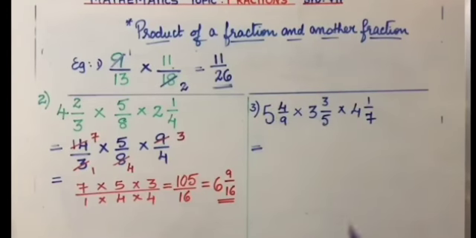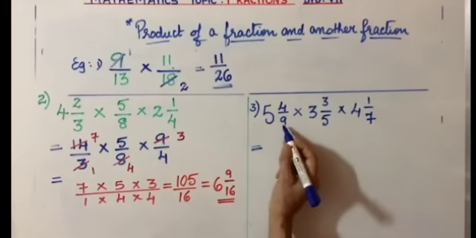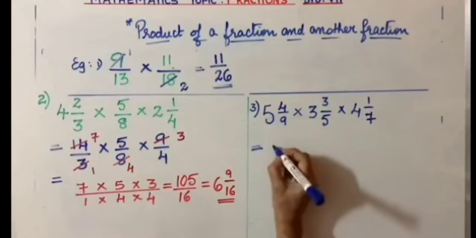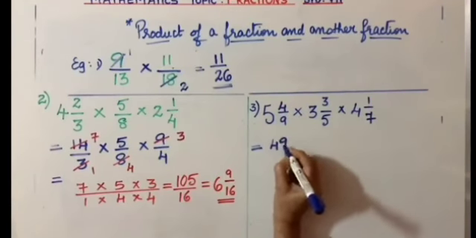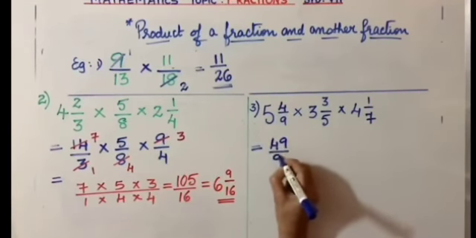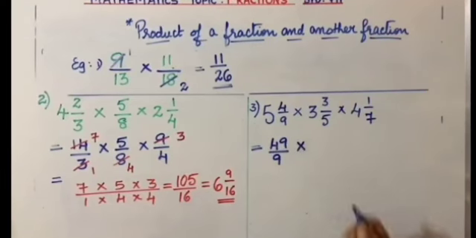Again, they are all in mixed form. We have to convert them into improper fractions. Start doing, children. How do you do? 9 5s are 45 plus 4 is 49 by 9. Multiplication sign.